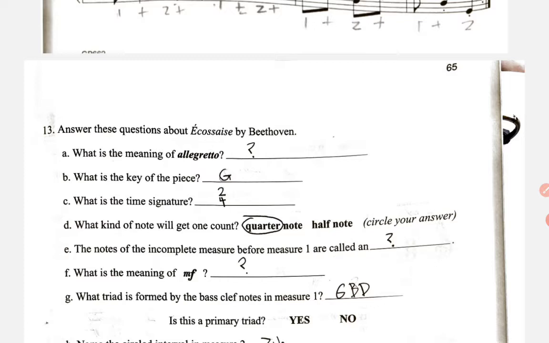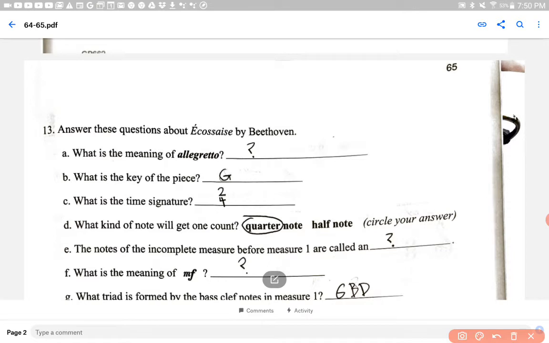If you know what allegro means, you can guess that allegretto has something to do with allegro. Whenever there is an added "etto" to a word, in Italian it basically means less. So if allegro is a fast tempo, allegretto is going to be a less fast tempo.